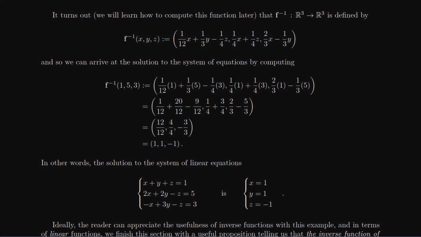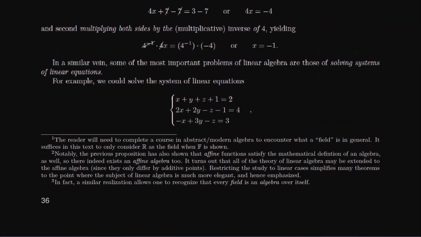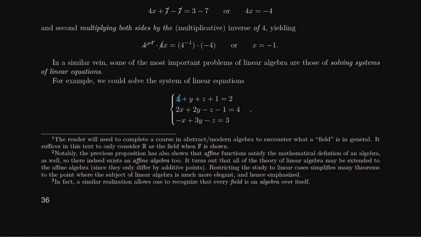Now, if we go all the way up to the original system that we had here, if I choose 1 for x, 1 for y, and negative 1 for z in each equation, let's see if these are actually true. What is 1 plus 1 minus 1 plus 1? Well, I got 2 there.